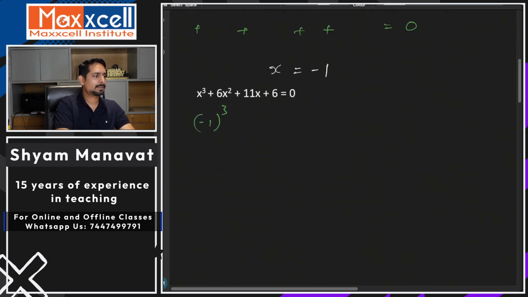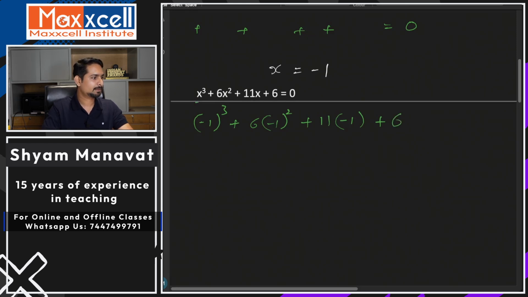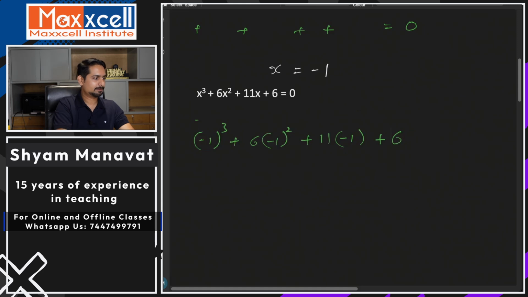So x is equal to -1. So -1 cube here plus 6 into -1 square plus 11 into -1 plus 6. That is the left hand side.